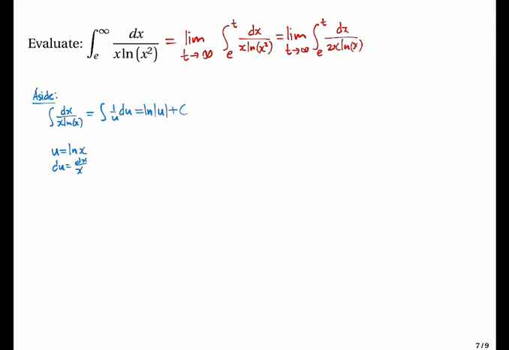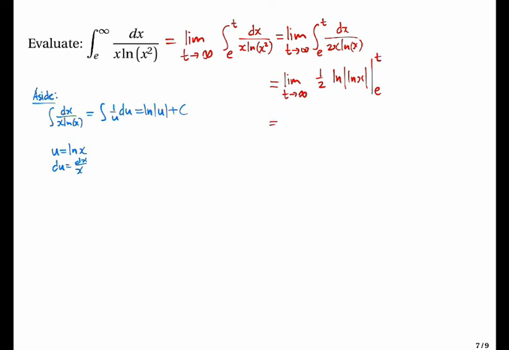So in a sense, here we will have the limit as t approaches infinity. We have the 1/2 there, and then we have ln absolute value of u. But u is ln of x, so ln of the absolute value of ln of x. We evaluate this from e to t.